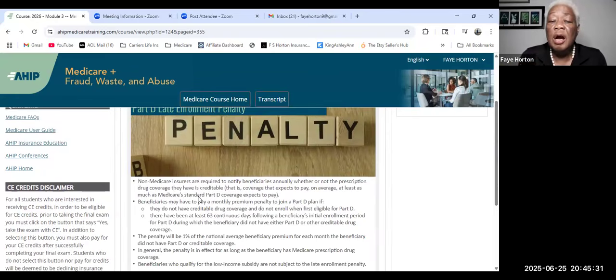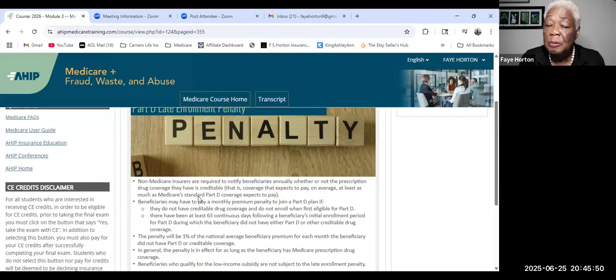Non-Medicare insurers are required to notify beneficiaries annually whether or not the prescription drug coverage they have is credible. That is, coverage that expects to pay on average at least as much as Medicare standard Part D coverage expects to pay.